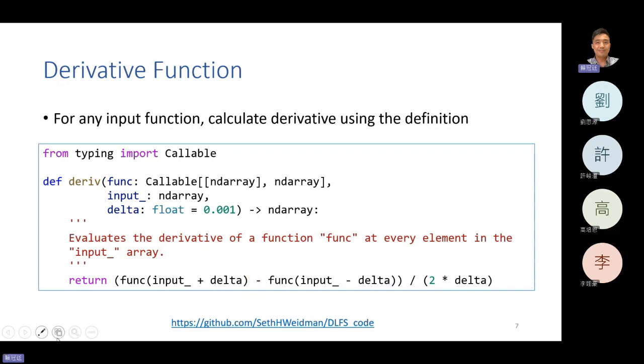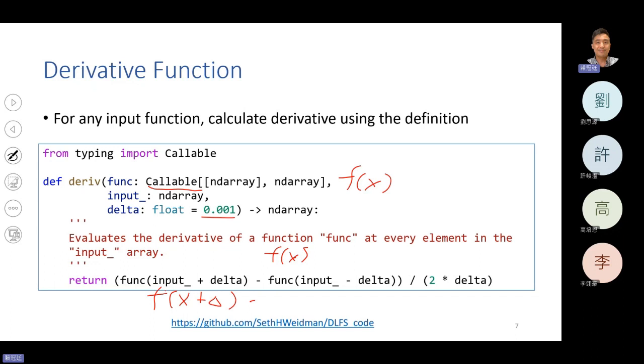So I can give you an example. This callable function is our f of x. ND array is our vector or matrix, and this is our input. So for this function, it's f of x with the input x plus the delta, right? And delta is just a small value.